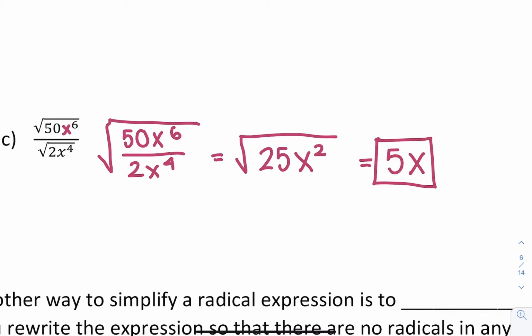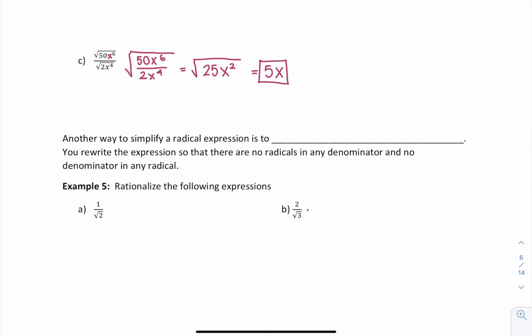Now we have one last problem to deal with division. When we're dividing, we cannot have a square root in the denominator. So to simplify a radical expression, we have to rationalize the denominator. So we cannot have a square root in our denominator.